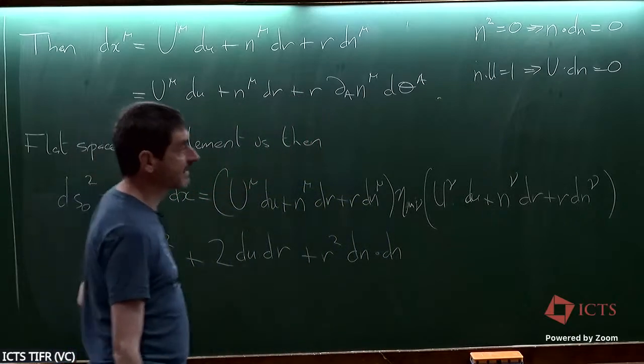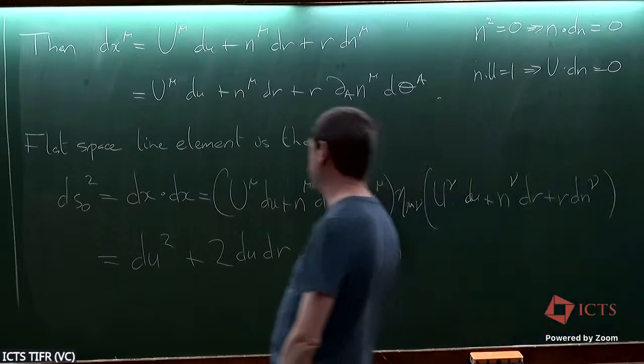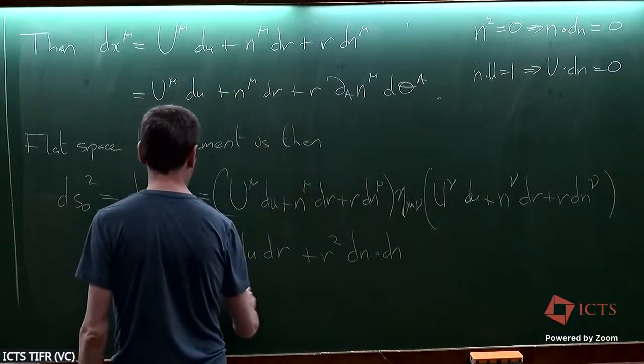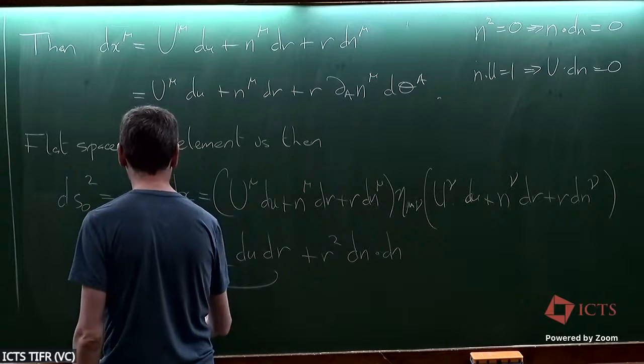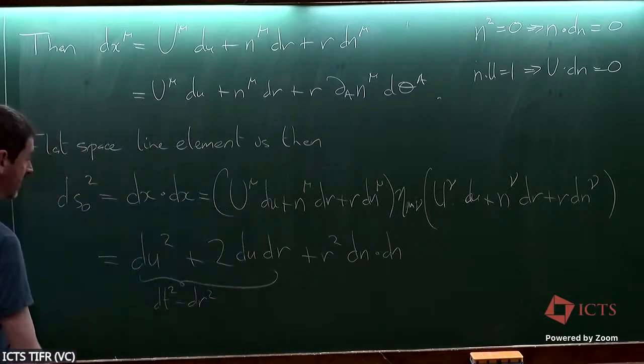Okay, well, you can see why I like these coordinates. The flat space part is taking Bondi form, at least for the du's and dr's. Now these terms here in flat space are just ways of writing dt squared minus dr squared. There's this relationship that u is t minus r.